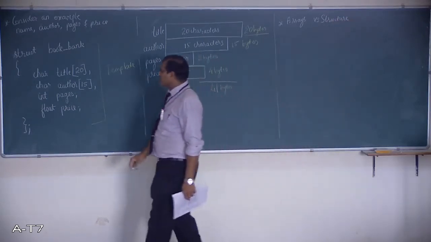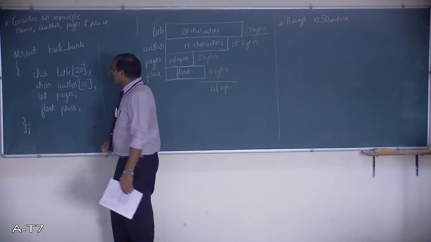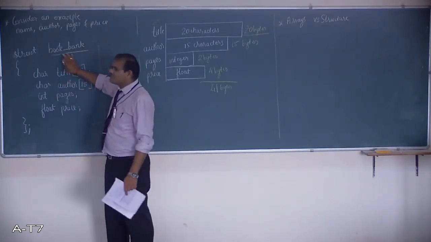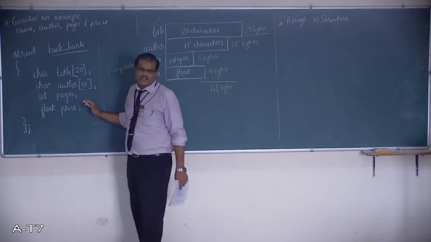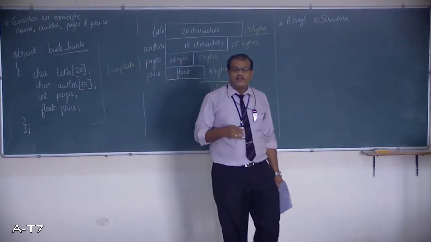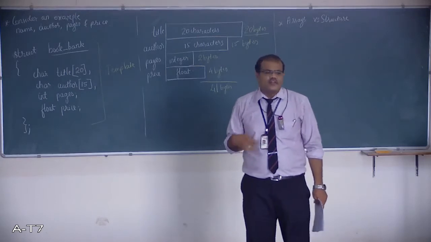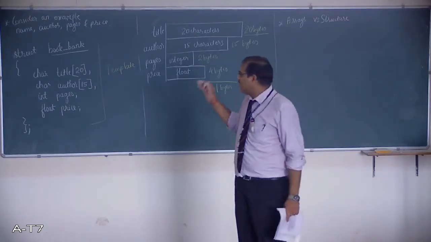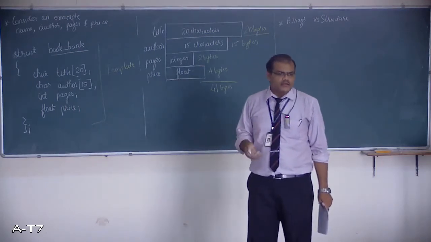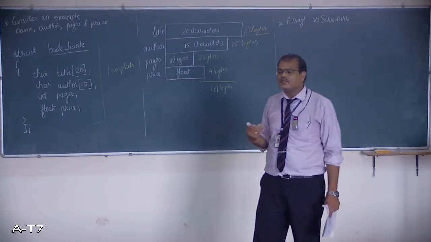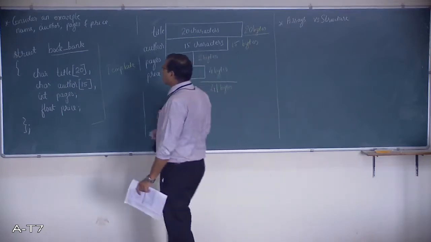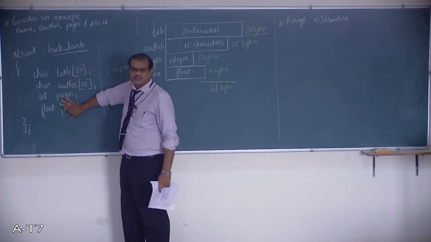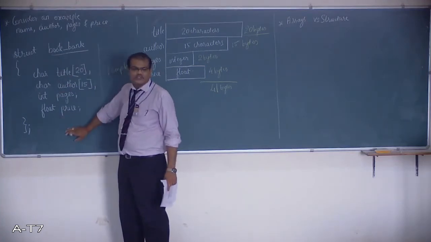Okay, now there are a few things, I'll explain it here itself. Now the first thing is that this is a tag name. Using this tag name only you can identify this structure. So in my program I may have different structures with different tag names. Now if you have a structure with the same tag name, you may get an error. Few compilers may execute, few compilers may not execute. So this tag name is used to identify what type of structure you are using and what is the structure which is being defined.